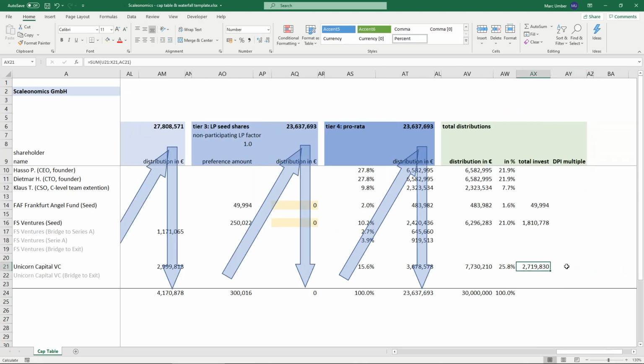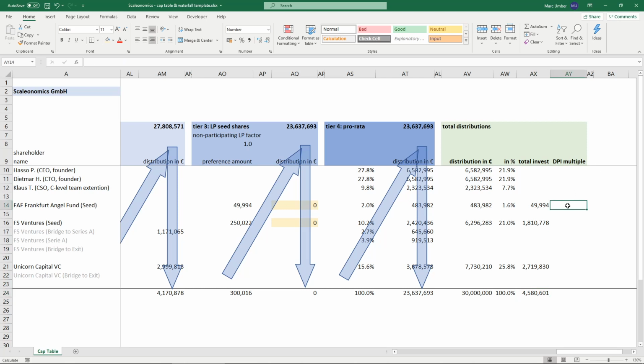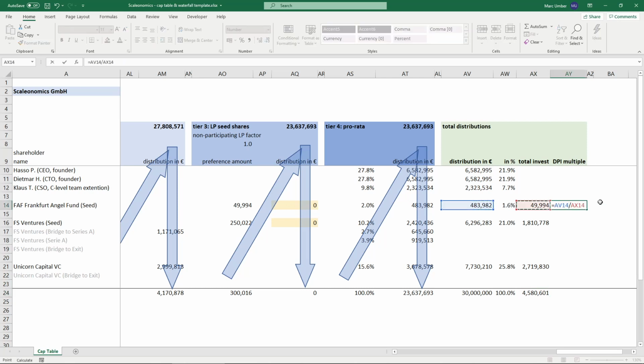So total invest of 2.7. Scalenomics had a total fundraising of external money of 4.58 million. And now we can calculate the multiples of the investors. This is the interesting moment we've been waiting to see.